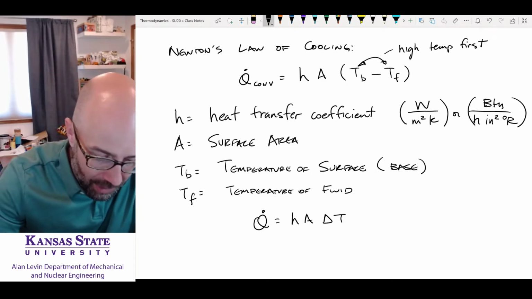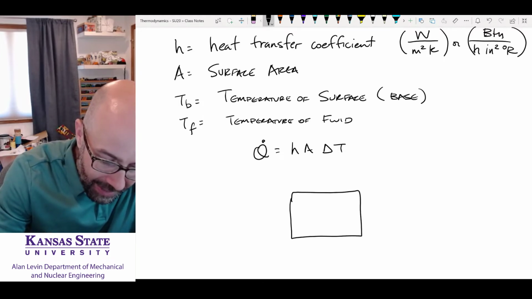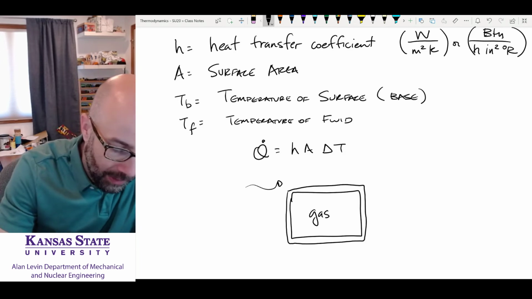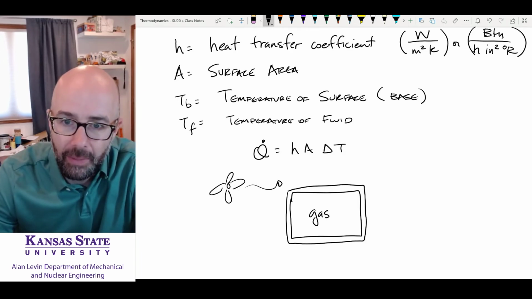So for example, let me just draw this, and I'm saying this is my system. This is a gas, and it has a solid around it. And I'm blowing air over the top of this situation.